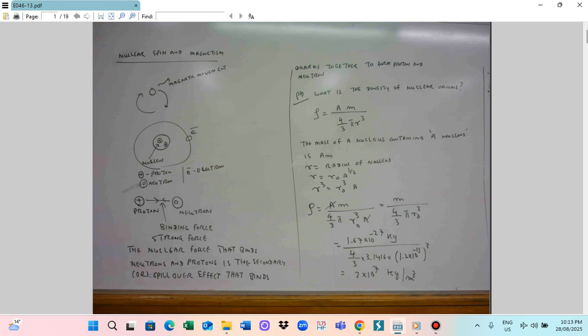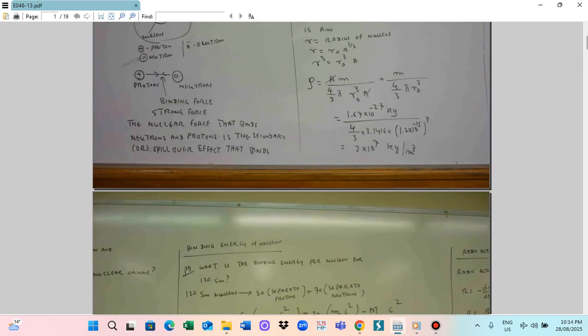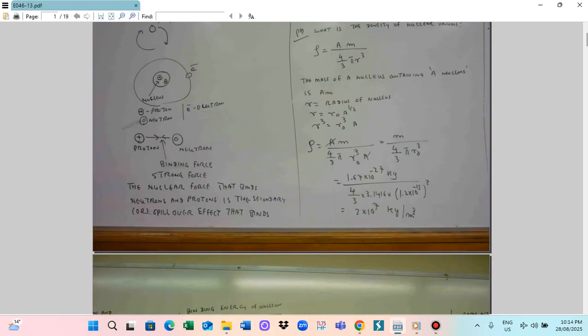In this case, we can write down the mass of the nucleon as 1.67 times 10 to the power minus 27 kg. So we substitute 1.67 times 10 to the power minus 27 kg, and 4/3 times 3.1416, times R0 cubed, the nucleus radius. R0 is 1.2 times 10 to the power minus 15 meter, so 1.2 times 10 to the power minus 15 meter, cubed.